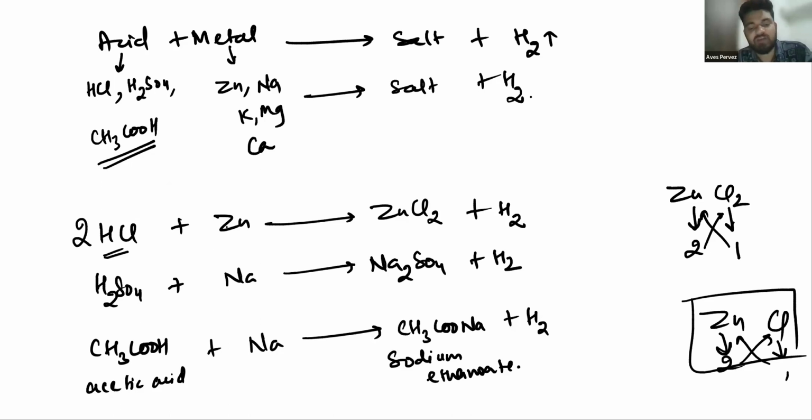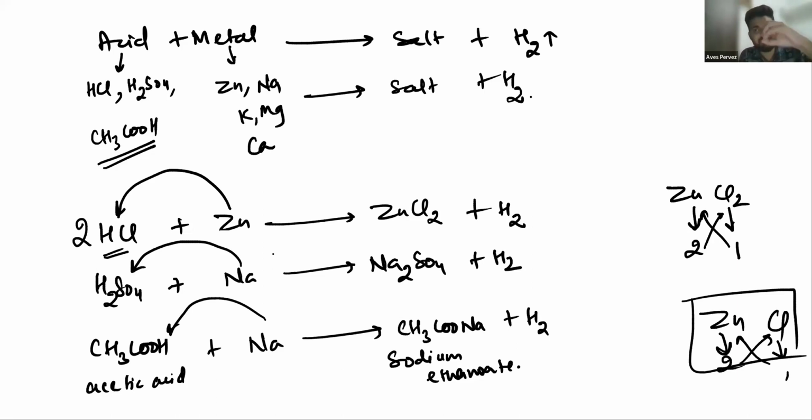You have learned this in the reactivity series. Zinc is displacing the hydrogen from the acid, and sodium is also displacing the hydrogen. Hydrogen is displaced by metals that are more reactive, that is, above hydrogen in the reactivity series we have discussed.